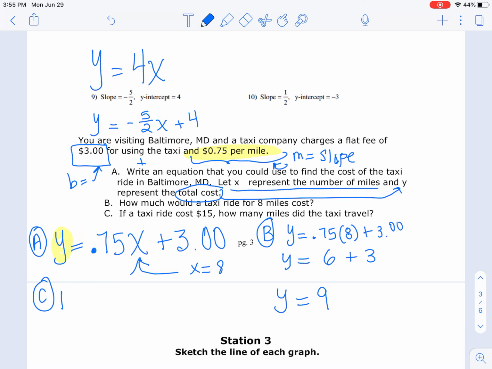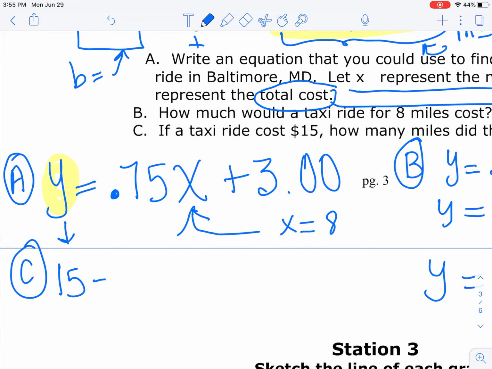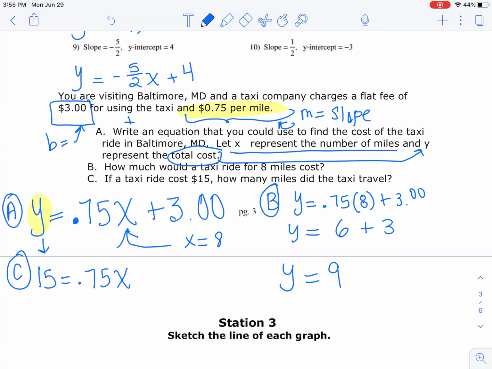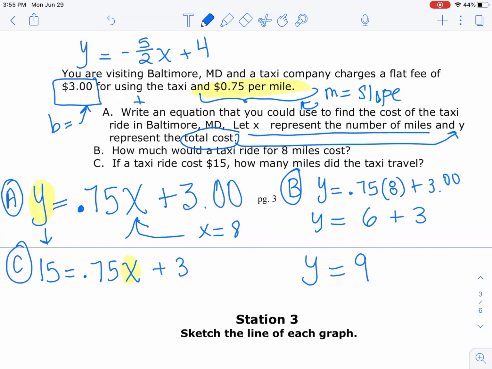So if I spent $15, okay, we know it's 75 cents per mile. We're solving for x, and we know that the startup fee is $3. So basically it says how many miles did the taxi travel? So again, we need to solve for x this time, because x represents the number of miles.